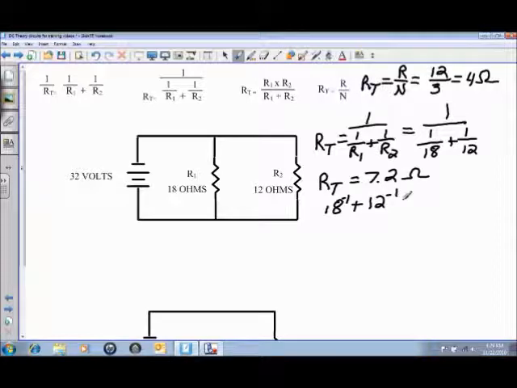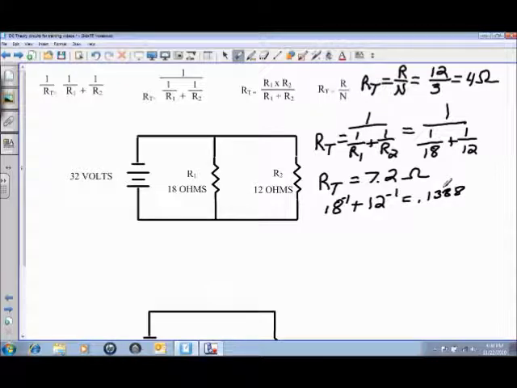So when you hit the equals button, it's going to come up with a really small number, 0.1388888, and so forth. It carries it out about 10 places, and you don't need to do anything beyond that point. All you need to do now is hit the reciprocal button one more time, which is again the button right above the number 7, and it automatically throws that answer in there for you.